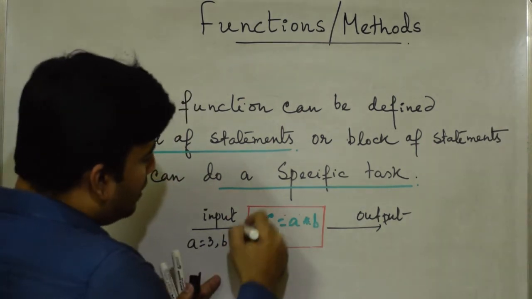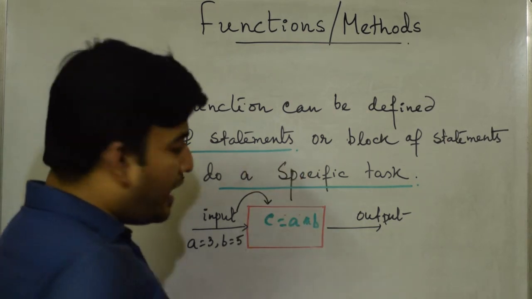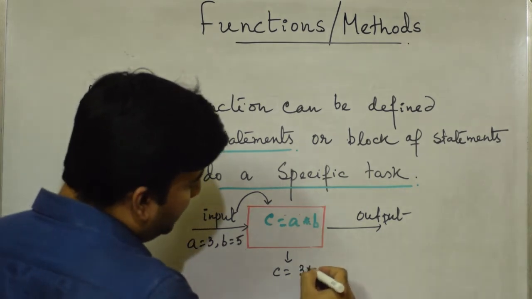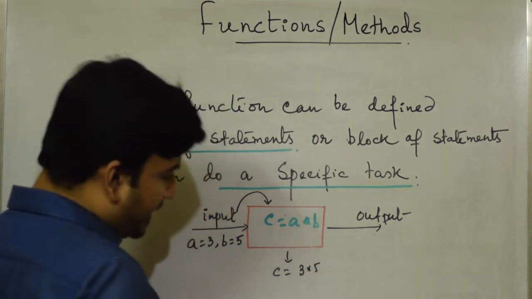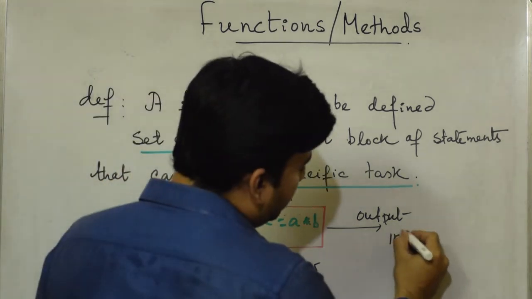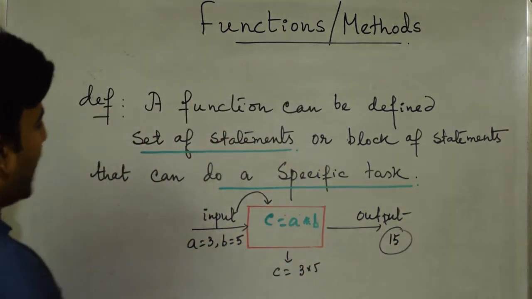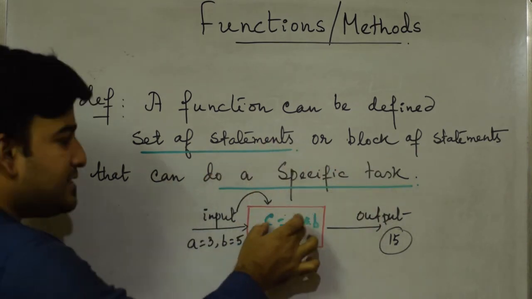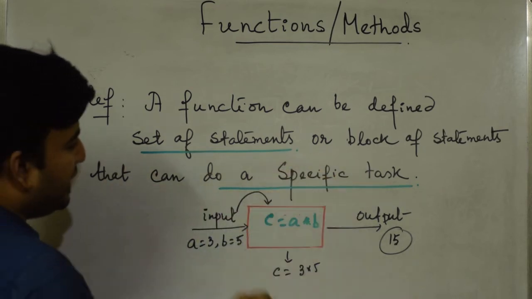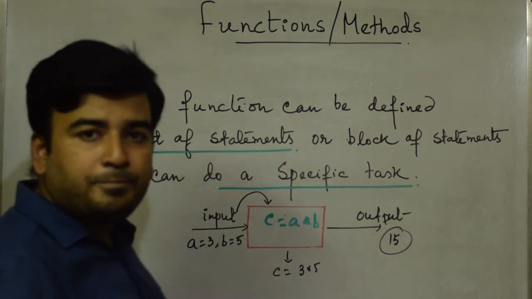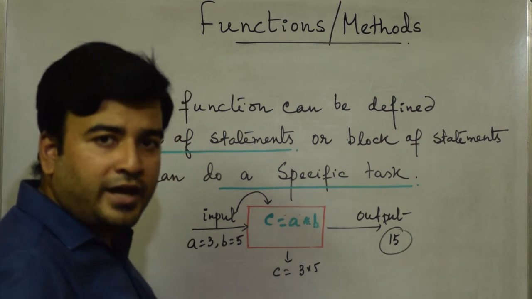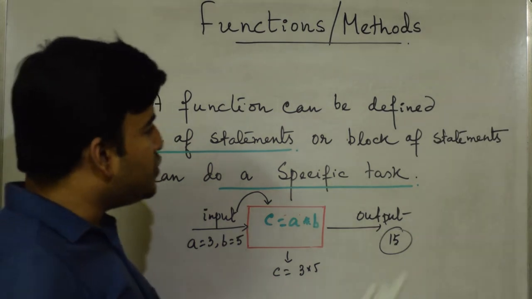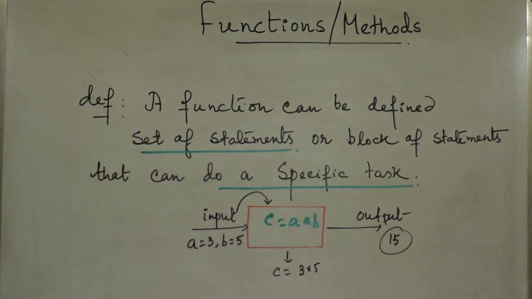So it works in this block and the process is C equals A into B. It is simply 3 into 5, producing the result 15. Okay. So that means it is a set of statements or a block of statements that can do a specific task, that is the multiplication. I think all of you understood it, right? So just note this down. I am just going to wipe the board, okay?